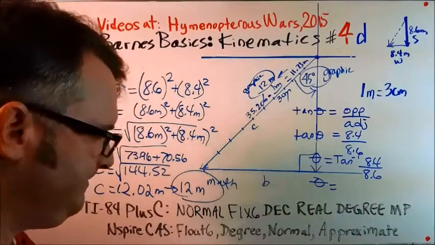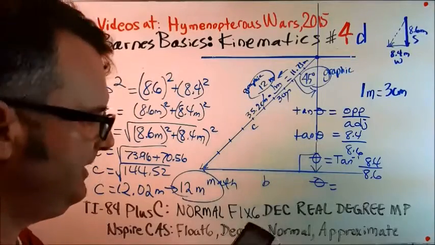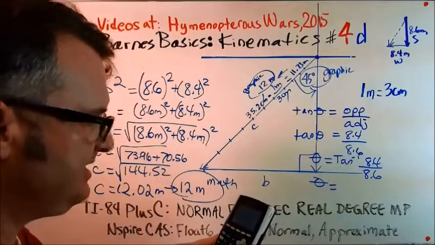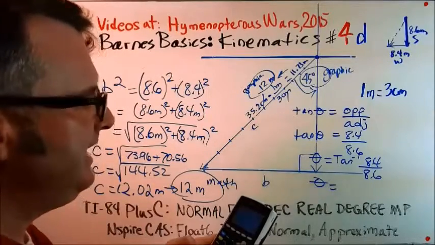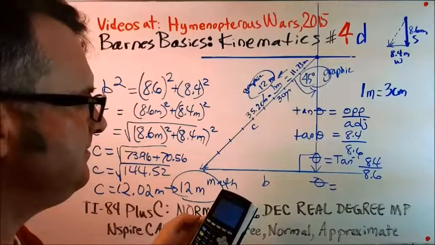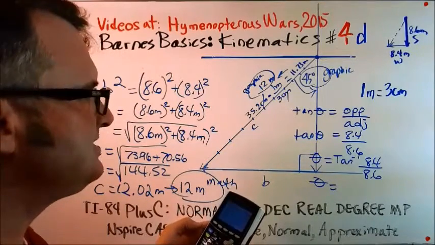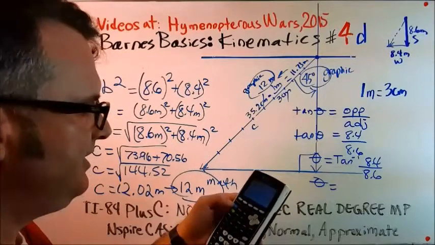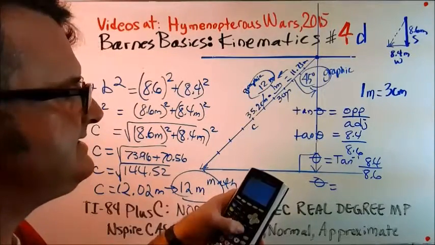Let's do that. We're going to hit clear. 8.4 divided by 8.6. Hit enter. And I got 0.976744. We're going to say second tan.